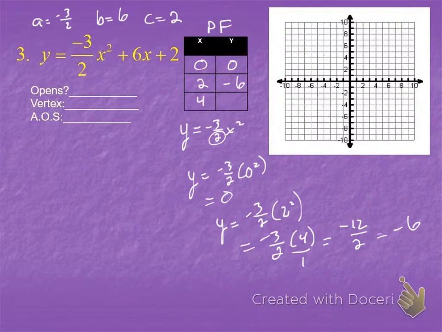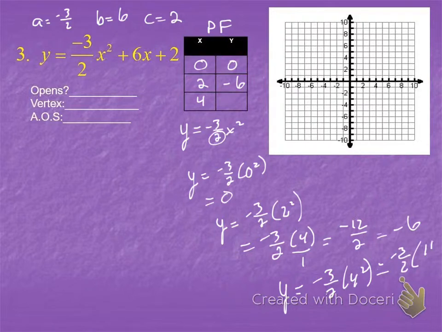Okay? And if you do 4 for x, you're going to find the same thing. This turns into negative 3 halves times 16, or 16 over 1 to multiply the fractions together, which is negative 48 divided by 2, which is negative 24. Now obviously negative 24 takes us way off the graph, so it's going to be very difficult to use that.